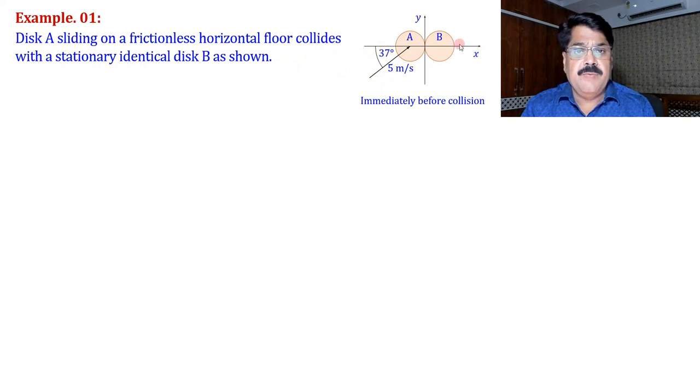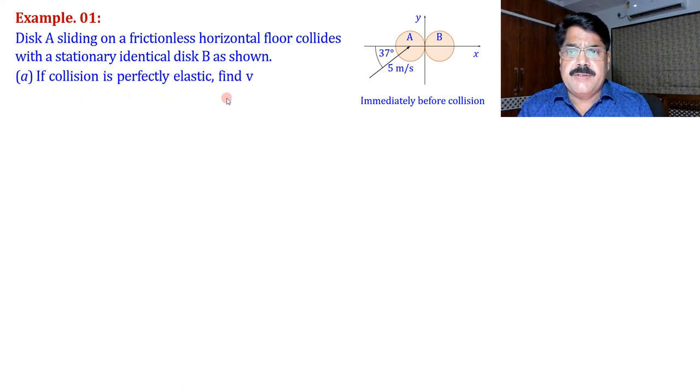Here you can see in the diagram, the x-axis is the common normal at the point of contact, so the y-axis will be the common tangent. So the x-axis will be treated as the n-axis and the y-axis as the t-axis. And of course, disc B was stationary. What are we to find? If the collision is perfectly elastic, find the velocities of the discs after collision.